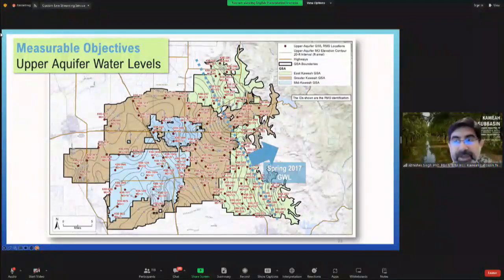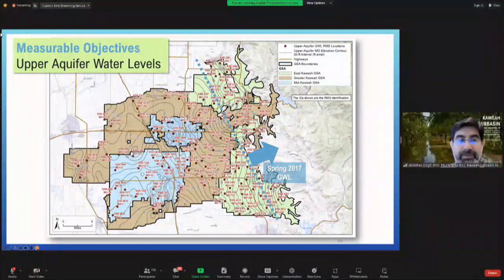As I mentioned, the minimum thresholds are what we are trying to prevent. We do not expect the basin to reach these regional minimum thresholds. They are really episodic groundwater conditions that could be realized in one or more part of the basin for a few years. What we are managing the basin towards are our measurable objectives. This map shows groundwater levels for our measurable objectives.